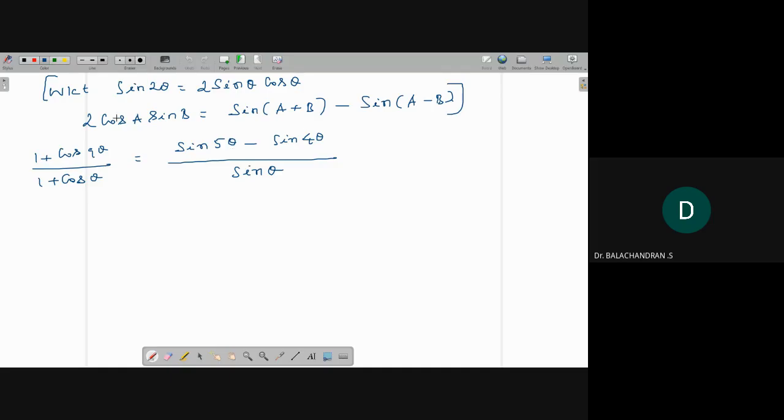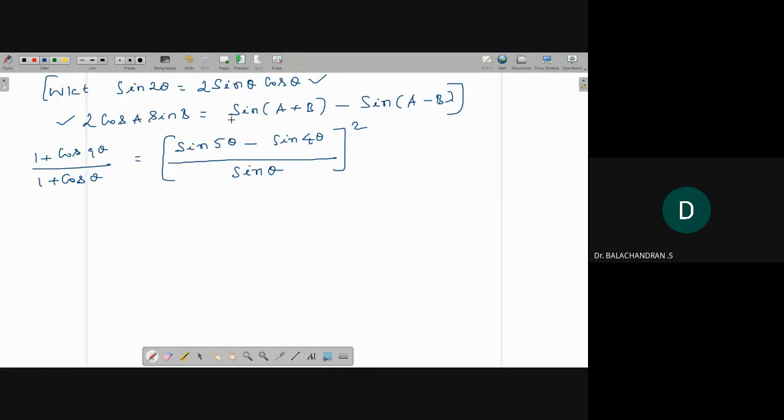If you have any doubts from the previous step to here, you can ask me. For the numerator I used this result, and for the denominator I used this result, and the whole square. Now the remaining everything is very simple, just a computation.